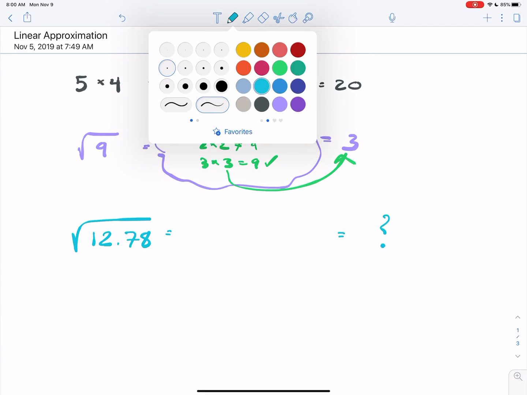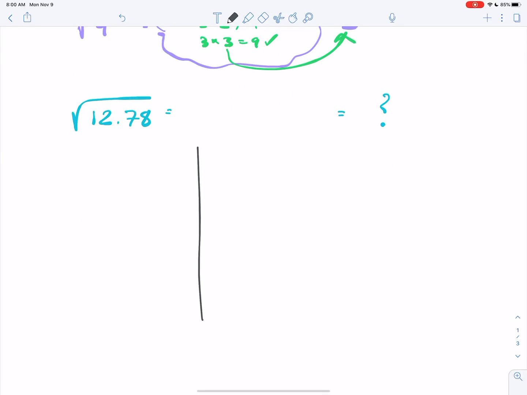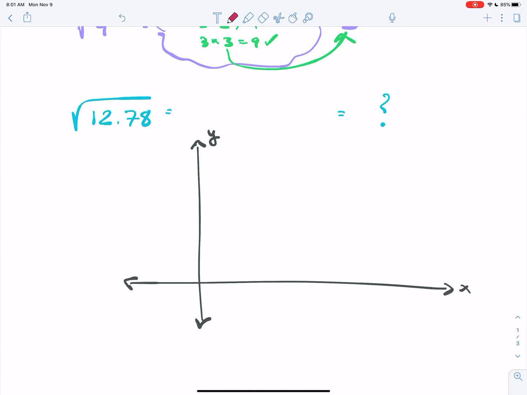To give you an idea of what it does, first let me draw you a picture. Suppose that we had an x and y axis, okay? I'm going to go ahead and draw the square root function, which you guys know is a hook, or half of a sideways parabola. So this right here would be the square root of x.